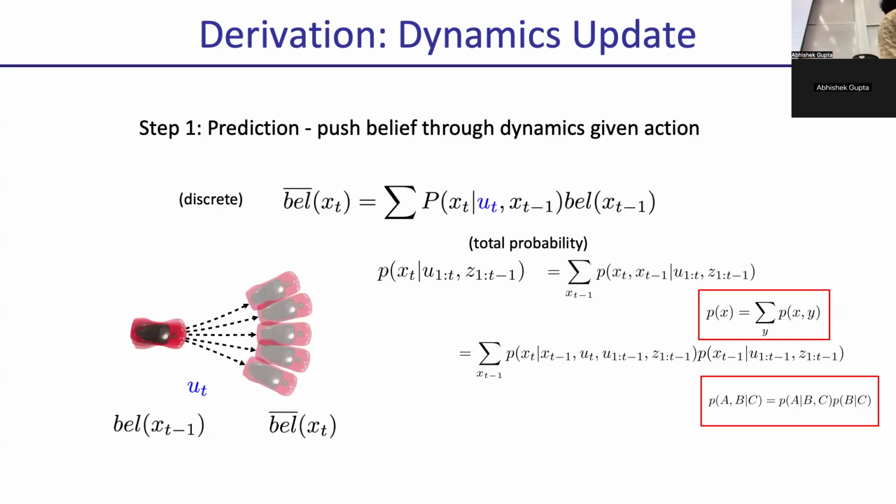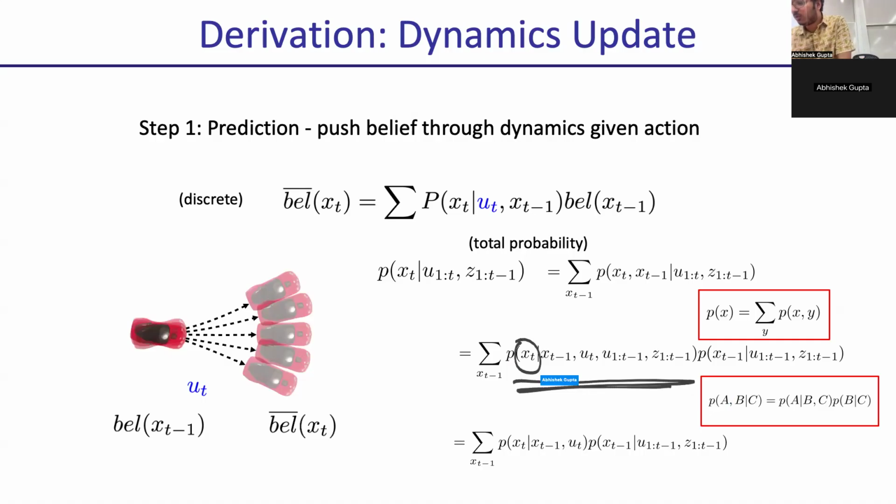Okay, and then how do we convert this thinking back into the form that we care about? One more step. The Markov property, right? If you look at this, it's saying xt only depends on xt minus 1 and ut and does not depend on anything else in the past.